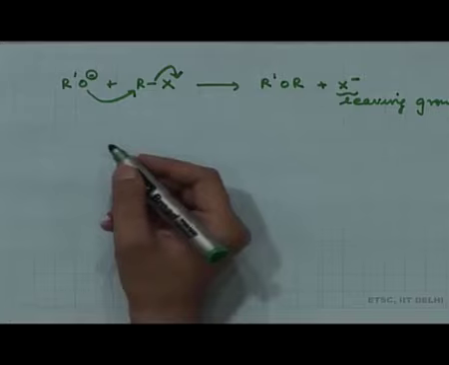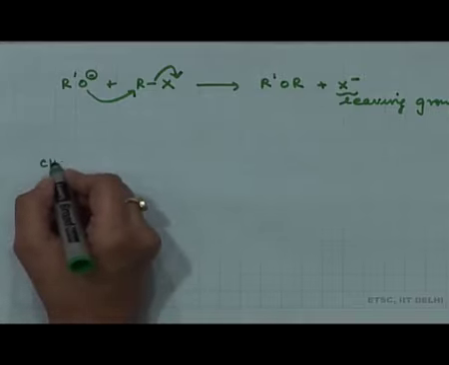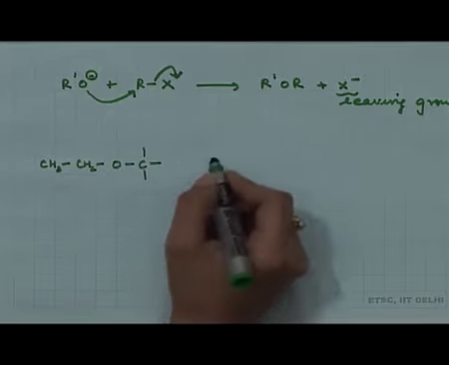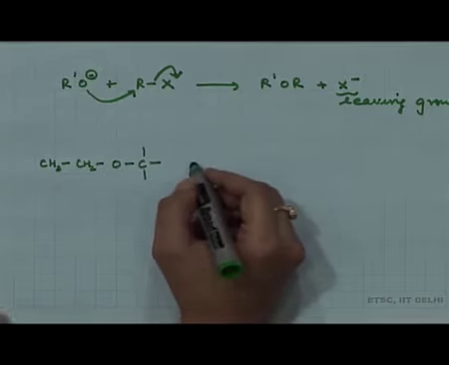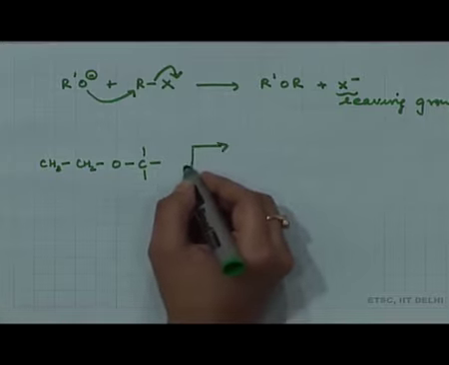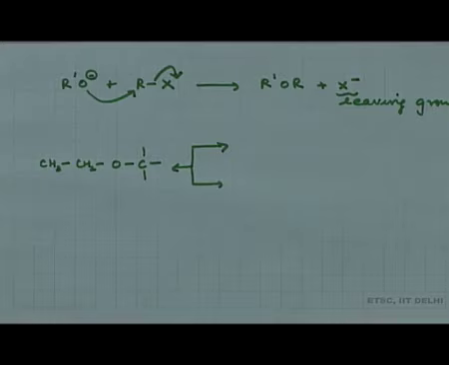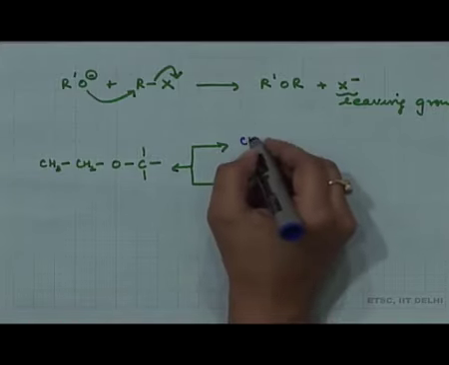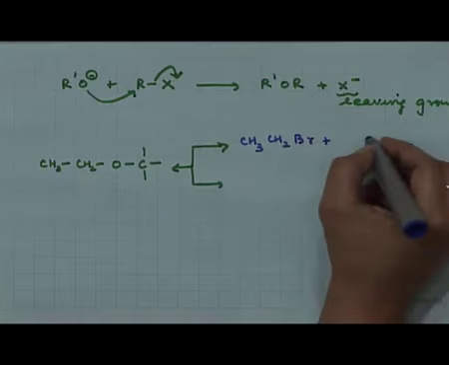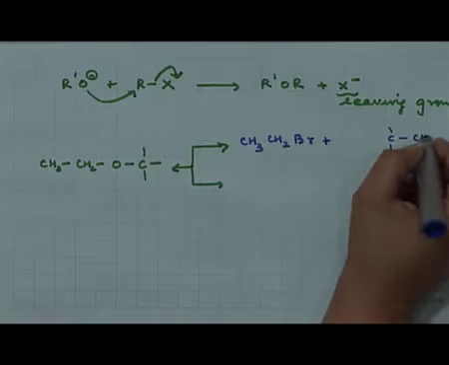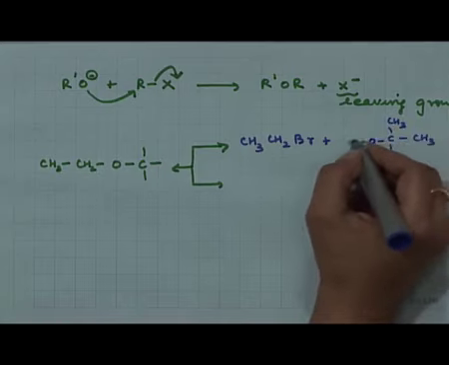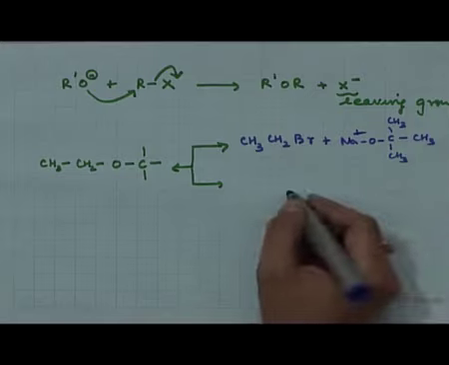So, suppose we want to make this molecule. We have two choices, two routes through which we can proceed about making this molecule. One could be that we start with ethyl bromide and treat it with the sodium salt of tertiary butanol.